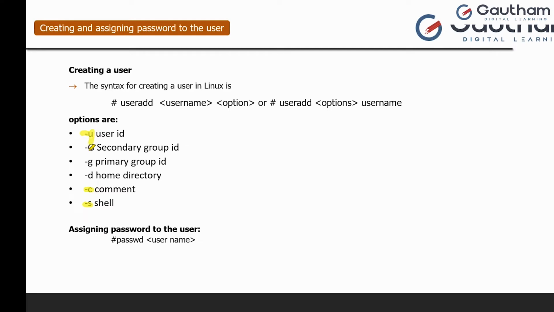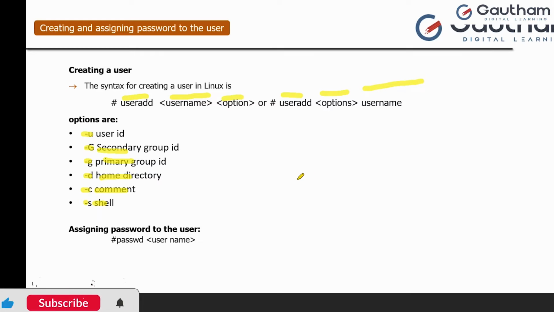You can use all these options to set different attributes: -u for user ID, capital -G for secondary group ID, small -g for primary group ID, -d for home directory, -c for comment, and -s for providing the shell. You can go like this: useradd, username, options, or you can go with useradd, options, username. Any way you like, you can use it and create a user.